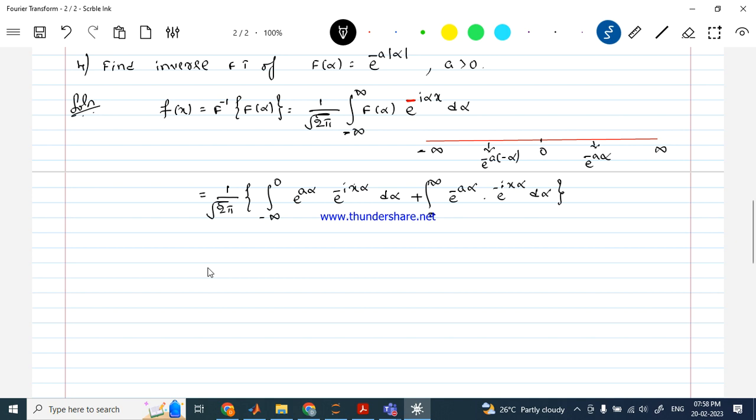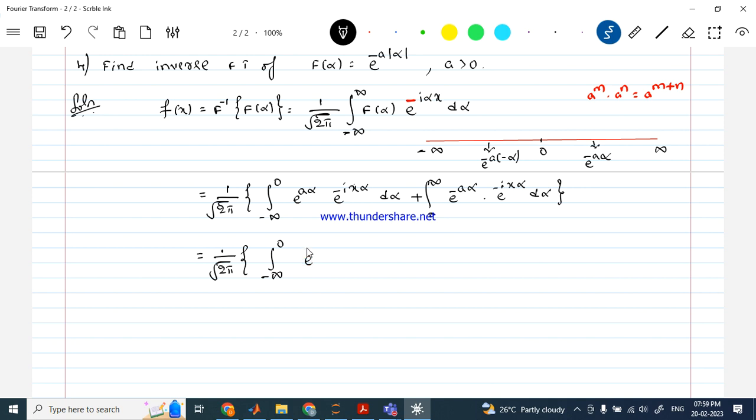And in this problem, the integration part is very simple, because it is a product of two exponential functions. We know that when the bases are same, when we have a power m into a power n, we write that as a power m plus n. So bases are same, add the powers.